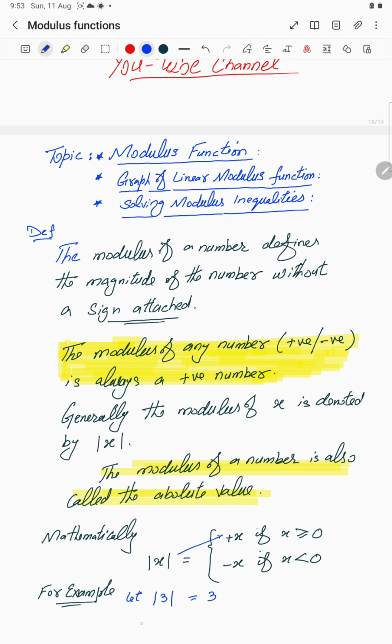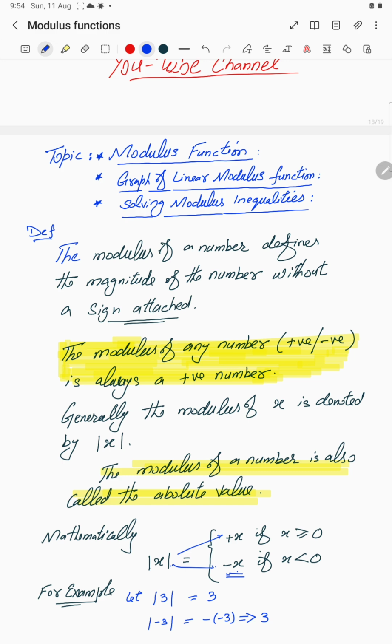And if we take mod of minus 3, the absolute value of minus 3, now minus 3 is less than 0, so x will be replaced with negative, so you go with this route, minus x, and minus of minus 3 is again plus 3.